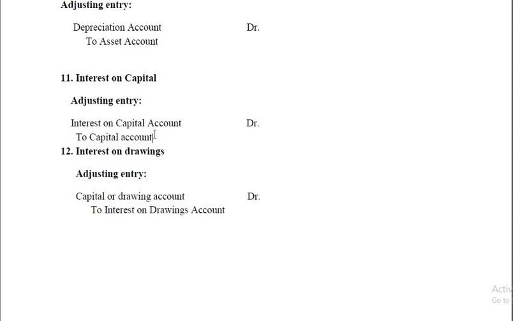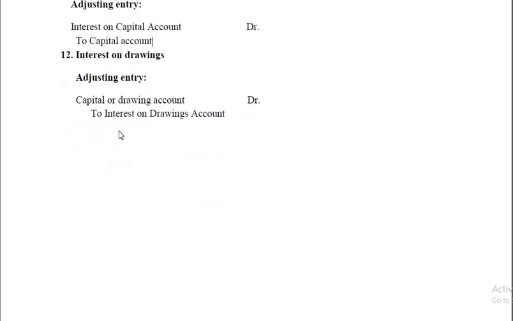Then interest on drawings. Interest on drawings is an income from the point of view of your business. Therefore, it should be credited to interest on drawings account and debited to either capital account or drawings account. How should it be adjusted in the final accounts?